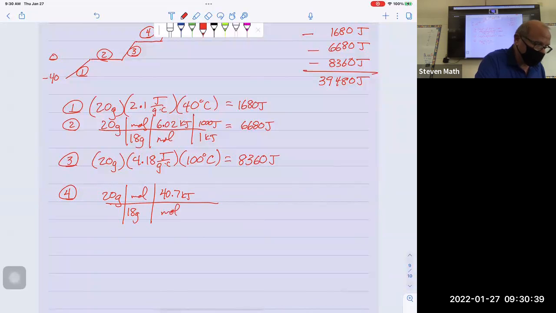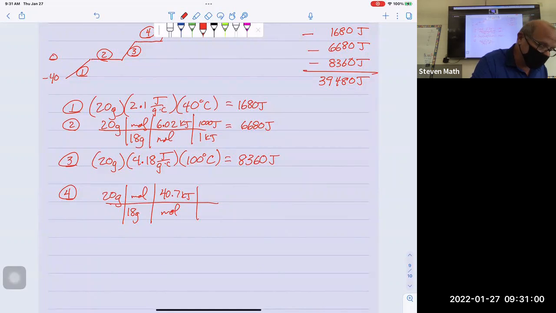Remember, we've got about a mole. So I already know this is doomed, right? I got 20 grams, 18 grams per mole. We have over 1 mole. We need 40.7 kilojoules, and we only have 39. We know this is going to fail epically. But we'll finish it out just to make sure.